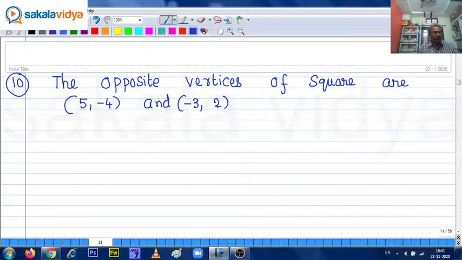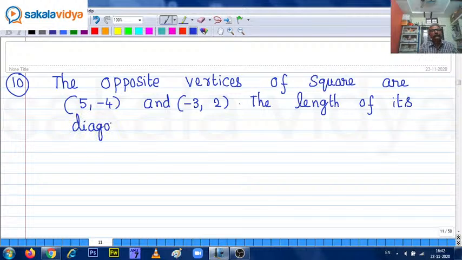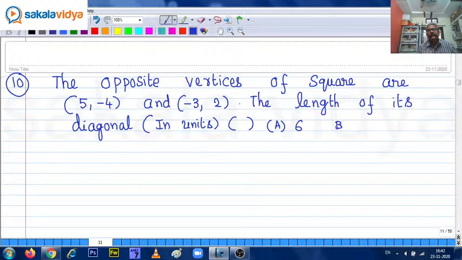The length of its diagonal in units. First option A is 6, second option is 8, third option is 10, now fourth option, that is D, is 12.